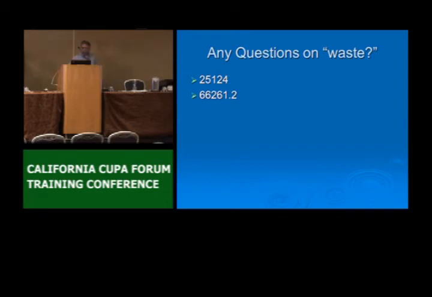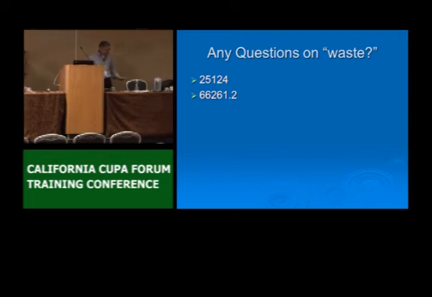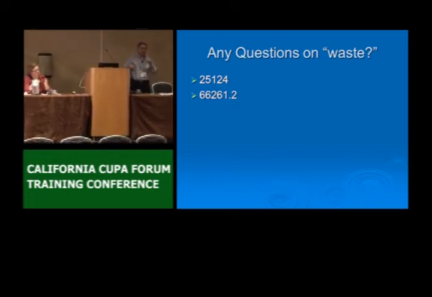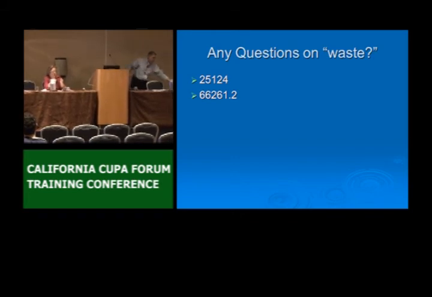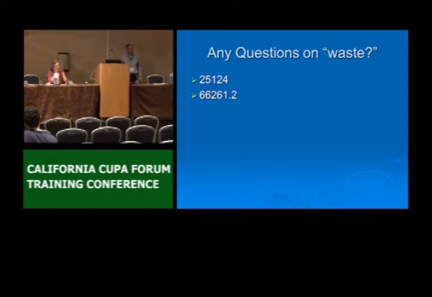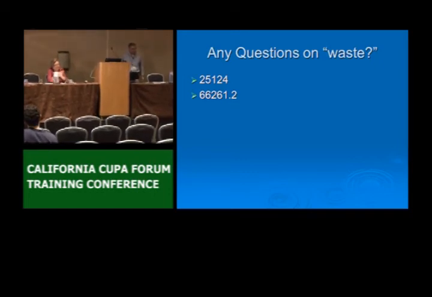Part of the reason for that is EPA looked at recycling and said recycling is treatment. It's very similar to treatment. We want to encourage recycling, so we are going to exclude some things from the regulations in order to do that. But all recycling is treatment, but not all treatment is recycling.